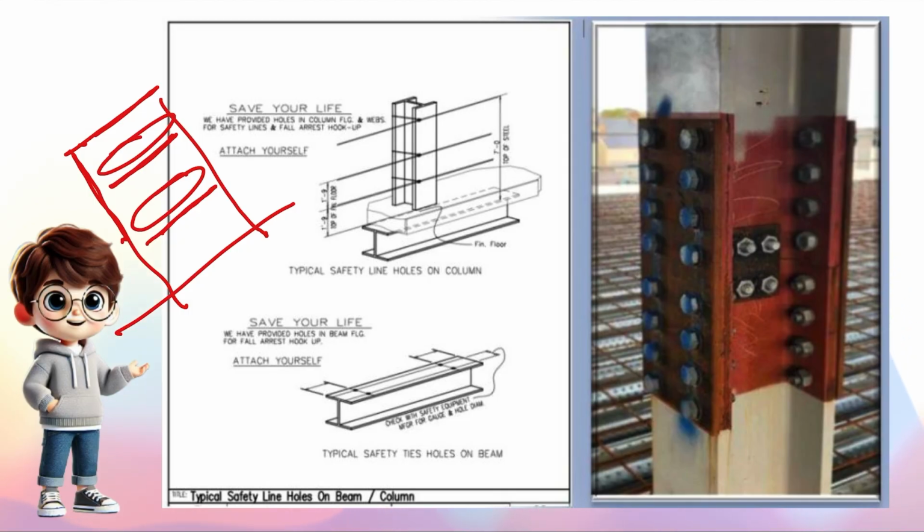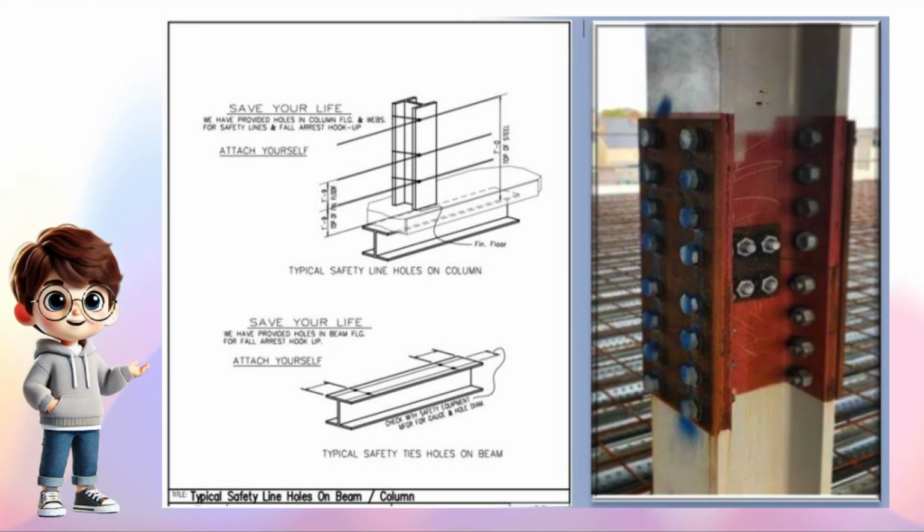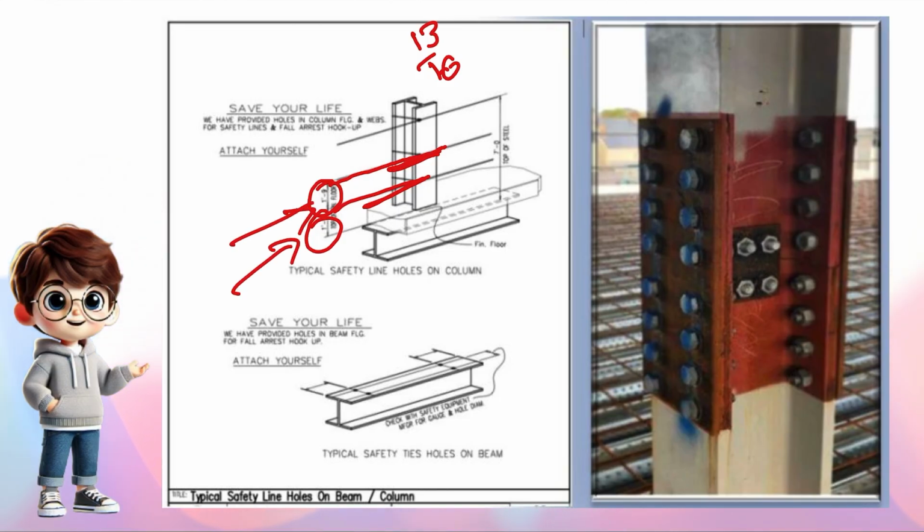Those safety cable holes will be 13/16 diameter, punched only in periphery columns at a height of 1 foot 9 inches from the finished floor. One hole they will punch, and 1 foot 9 inches from the first hole they will punch the second hole. So from the finished floor it will be 1 foot 9 and 1 foot 9.